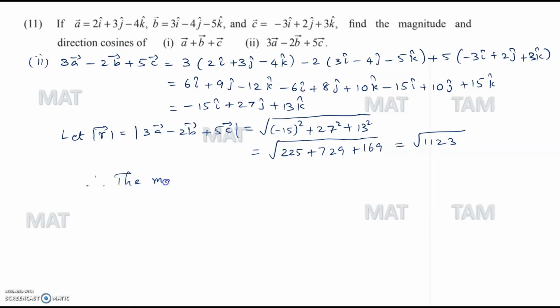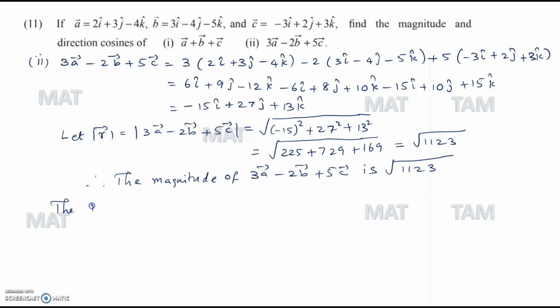Therefore, the magnitude of 3a vector minus 2b vector plus 5c vector is square root of 1123.